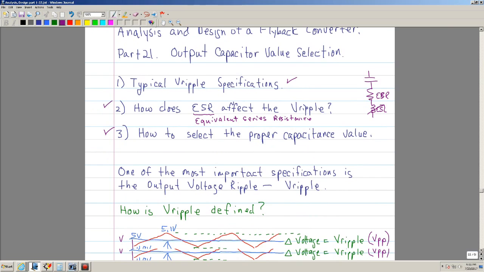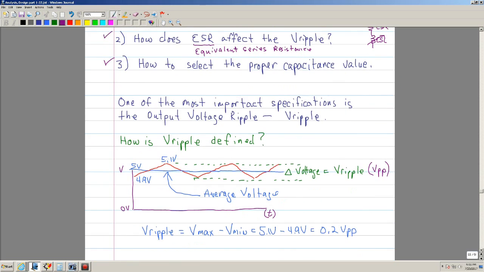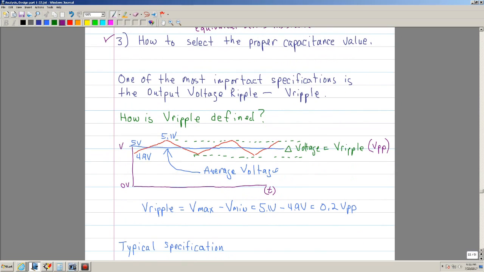Again, I will reiterate that the most important is the output ripple. And what is the output ripple?